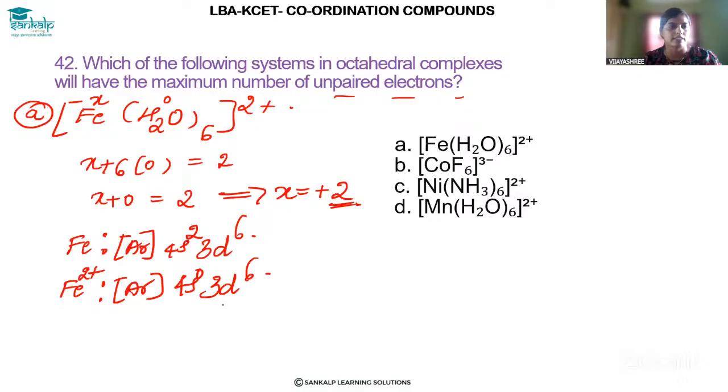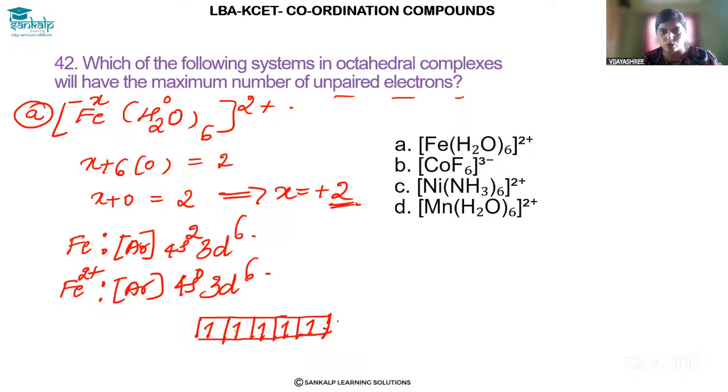So for 3d6, how many unpaired electrons? There are totally 5 d orbitals: 1, 2, 3, 4, 5. One orbital's capacity is 2 electrons. We have to accommodate 6 electrons here. First we will put one electron in each orbital, then we will pair up.